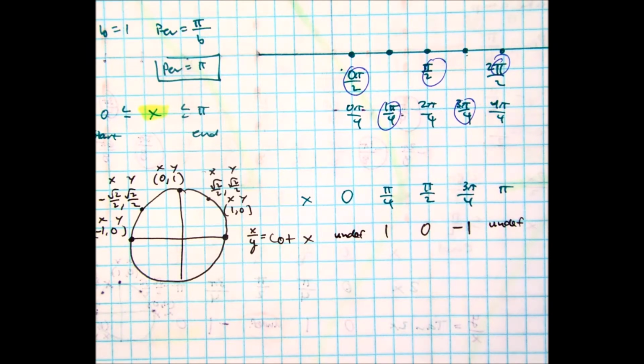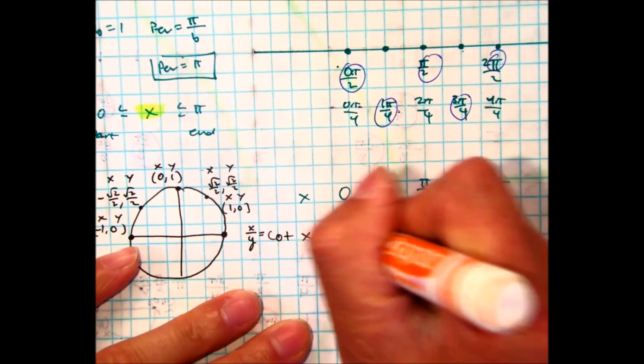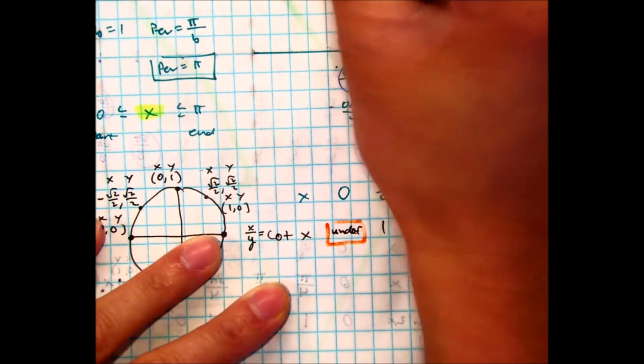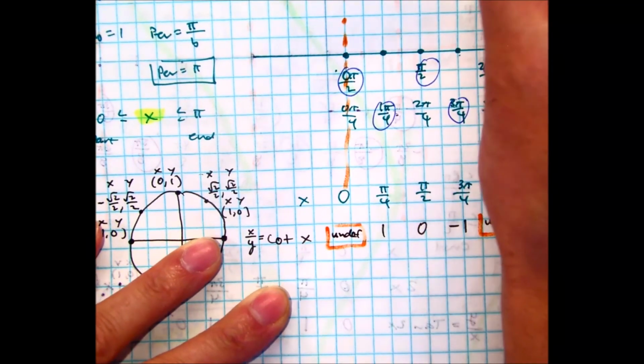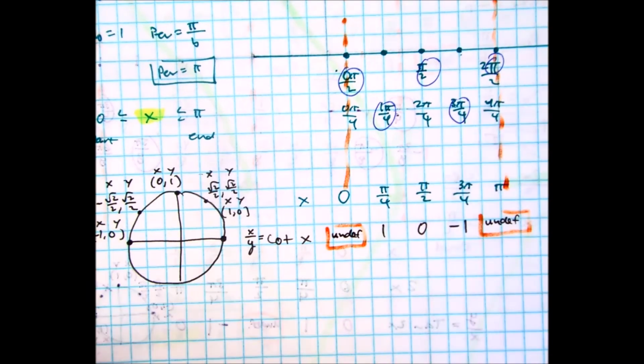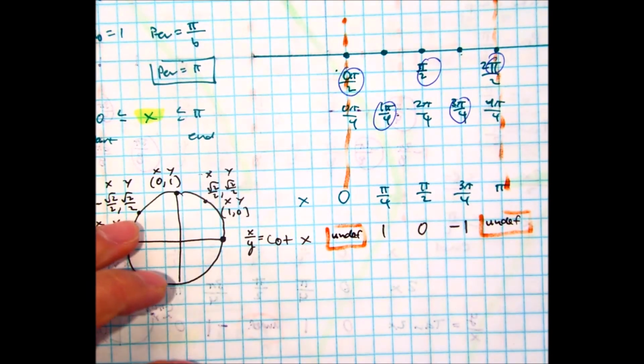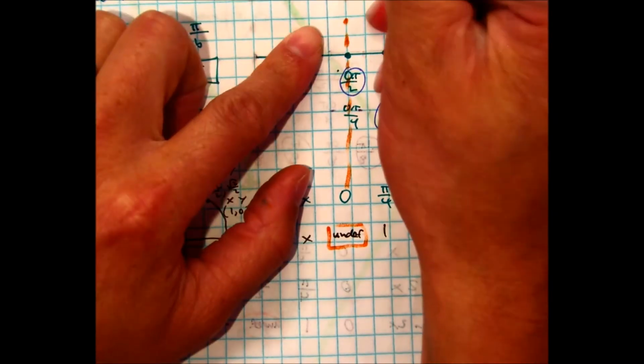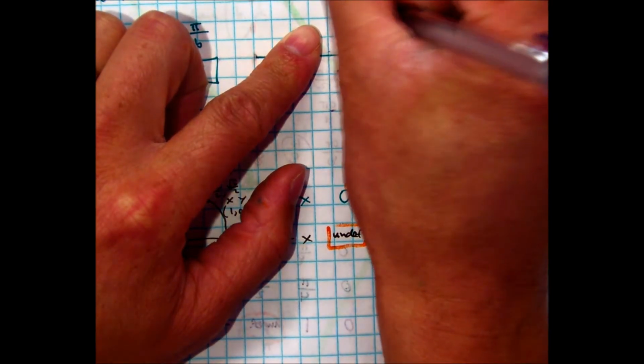I like to graph the undefineds first. I graph pi over 4 at 1, so it doesn't matter where you put this.